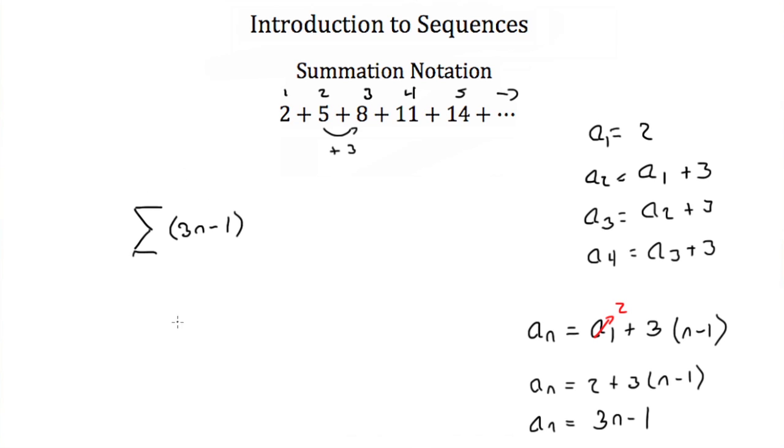So below my summation sign here, I put my first n value, which is 1. And then above it I put my highest n value. But this sequence goes on forever, so I put an infinity up here. So this would be the summation notation for this series, or the addition of this sequence, if you want to think of it that way.